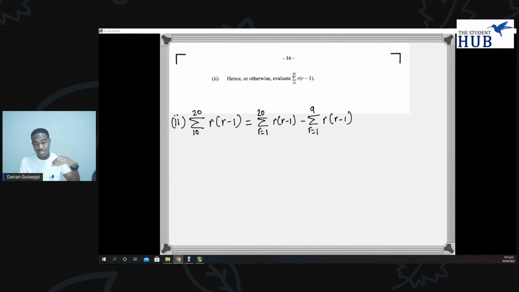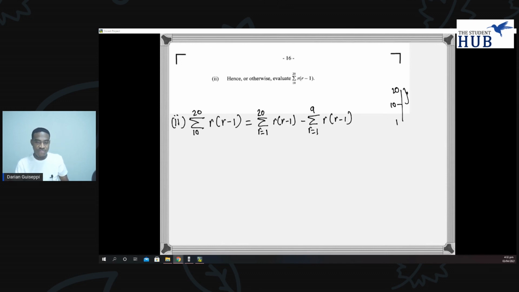They want the sum of all those terms. So it's basically like this. You're finding the sum of all the terms from 1 to 20, but the question isn't asking for that. The question wants from 10 to 20. They want this region from 10 to 20.